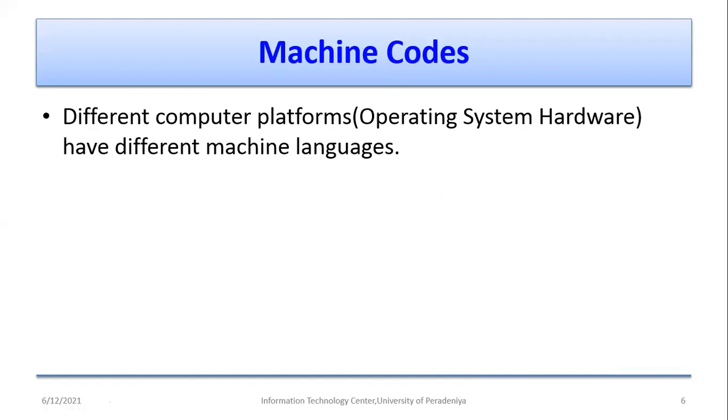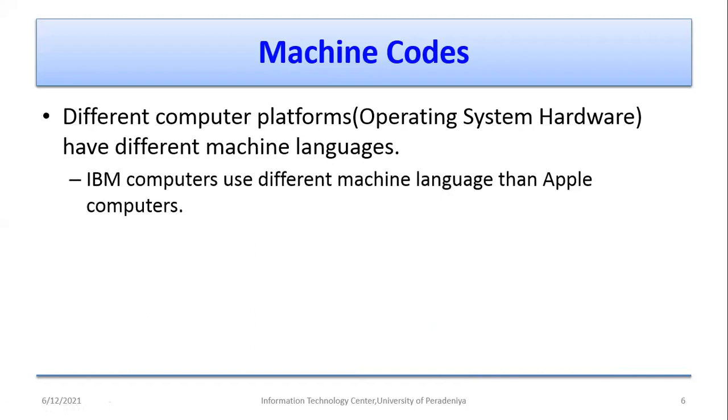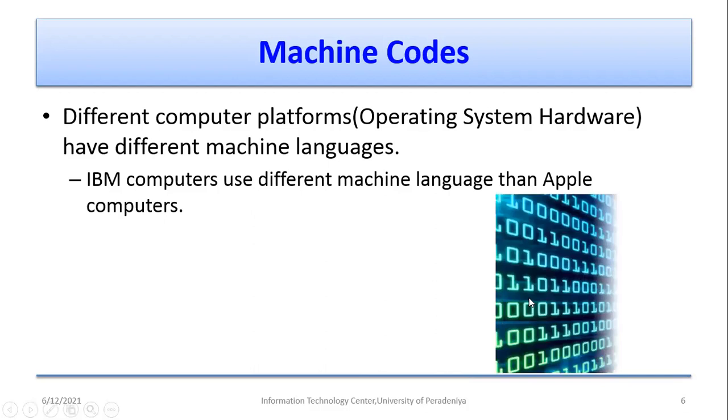For example, as I said earlier, IBM computer hardware uses a particular machine code which is different from Apple computers. Depending on the platform, the machine codes are different.